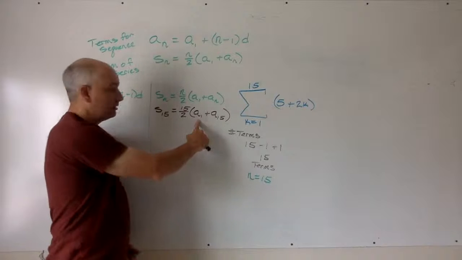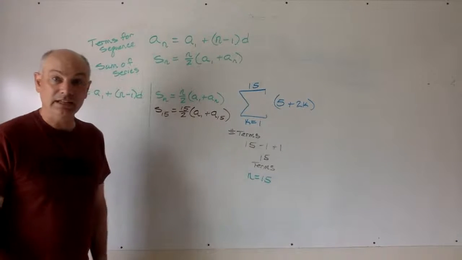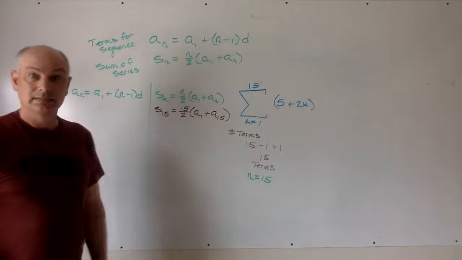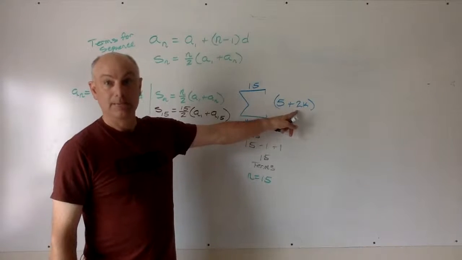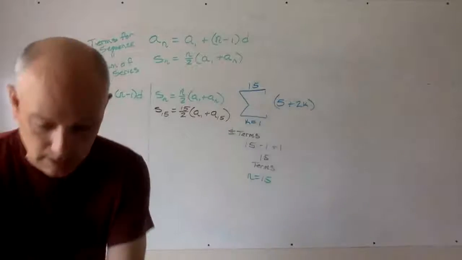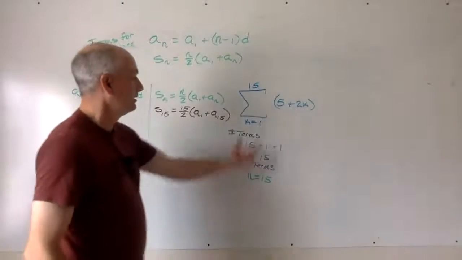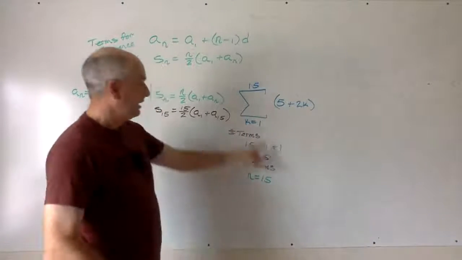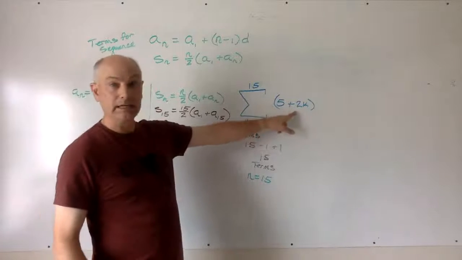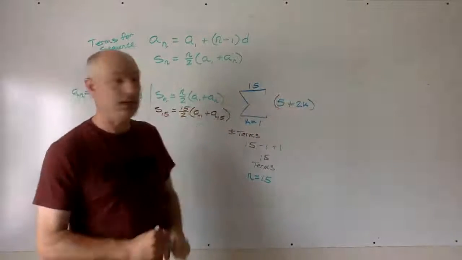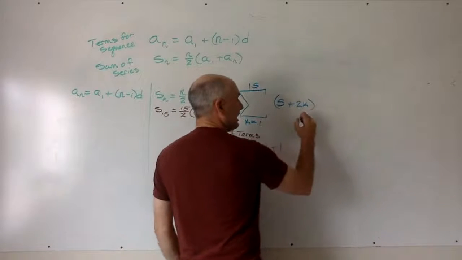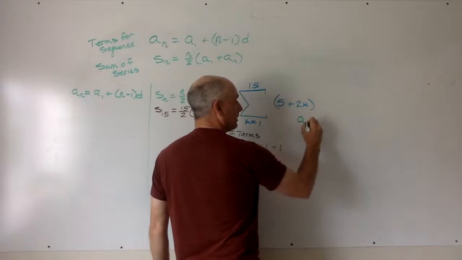A sub 1 and a sub 15. Can I get that? Absolutely. I can utilize the summation and finding the first term by plugging in the 1 and find the 15th term by plugging in the 15. So I can get there relatively quick.